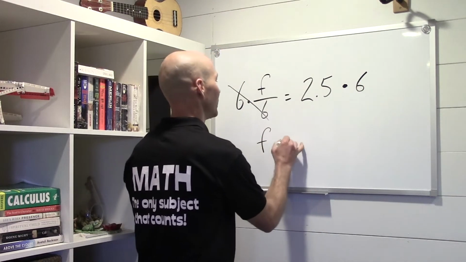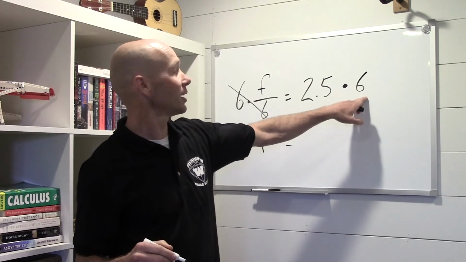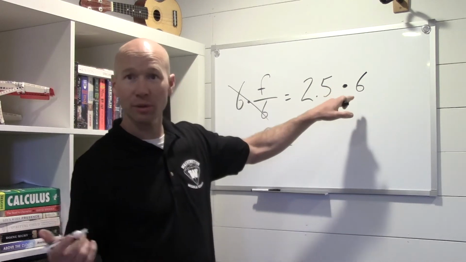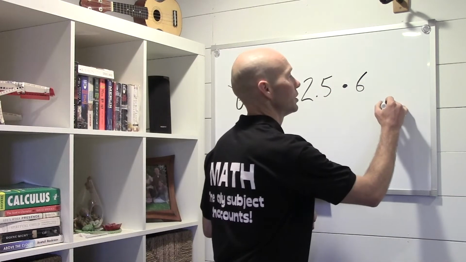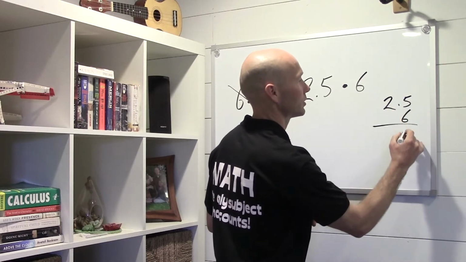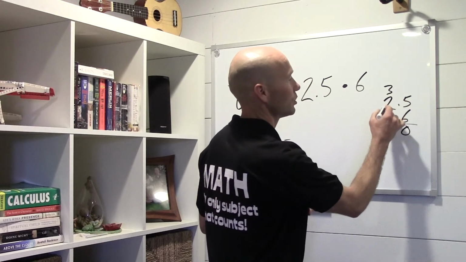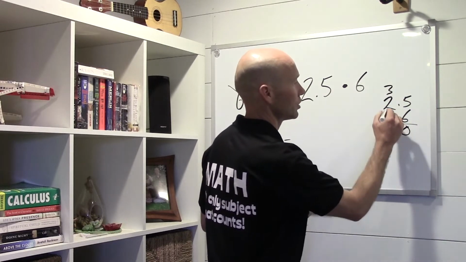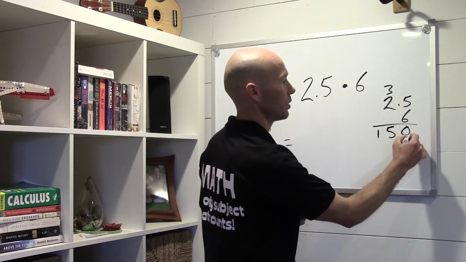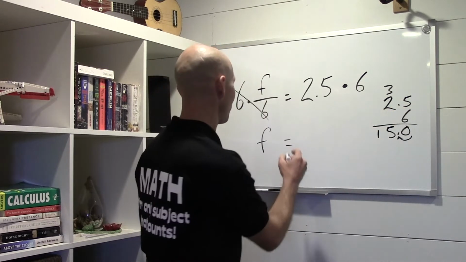So we get F equals, well, 2 times 6 is 12, and a half times 6 is 3, we get 15. Or we can just do it by stacking it up. 2.5 times 6, I get 30, and 12 plus 3 is 15, and I move my decimal back one place because I have one place there.